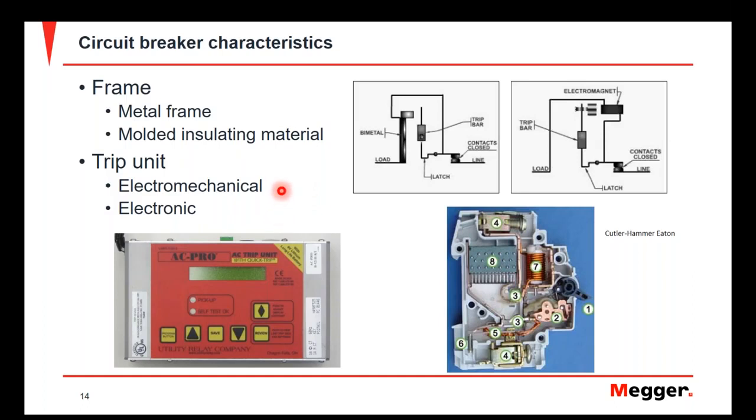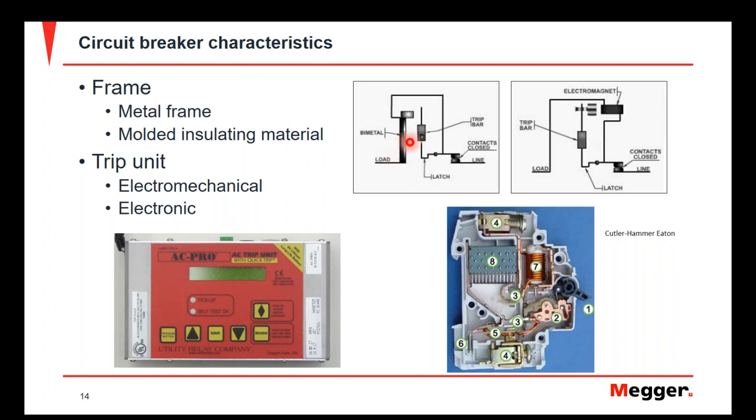And whenever we talk about an electromechanical means, we talk about these two examples here. The first one I'm going to talk about is a thermal element that has a bimetallic strip that will be in series with the circuit. And what will happen is whenever current is passed through the circuit, this bimetallic strip is going to heat up. And when it heats up, it's going to expand.